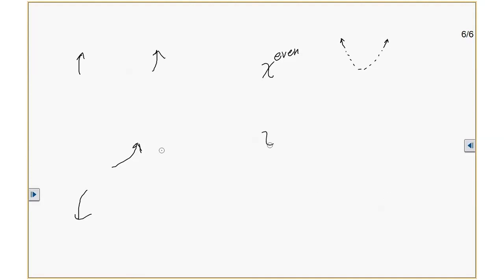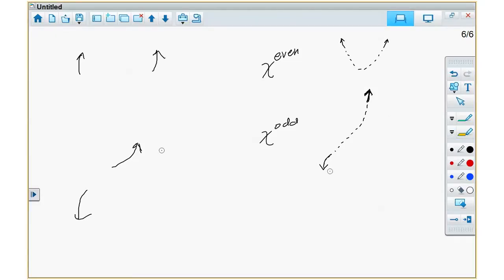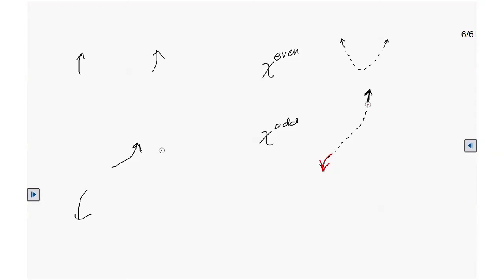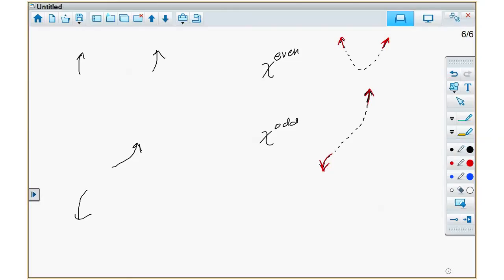And x to the odd power looks like what? Yep. And the end behavior is what they're asking for. You're going to see something that looks like this in your book, and then you're going to see this. That's called end behavior. So what does this function look like that we just did the complete the square on? It's going to look like this. That's all end behavior is.